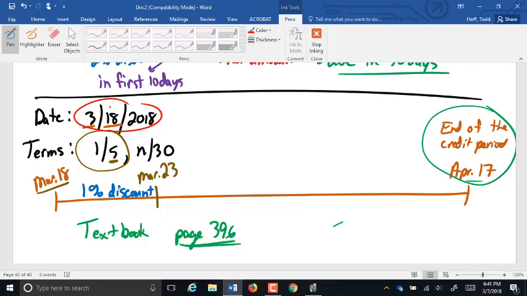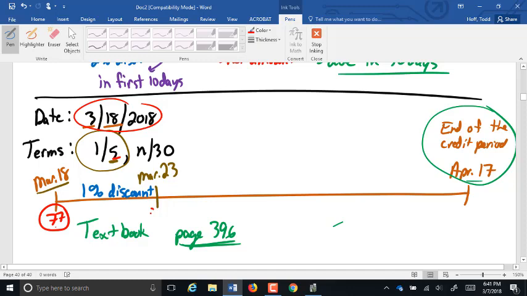I trace it down to 18, and I find that March 18th is what day of the year? 77. Very good. If I add 5 to that, 77 plus 5 is 82. I can look on there and find day 82. That's still in the column for March, and I can trace it over to the left. That is March 23rd, just as we said.